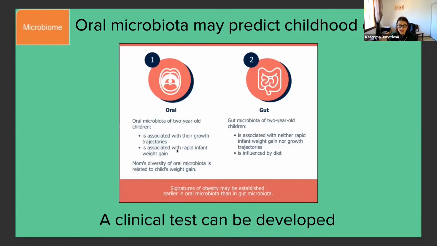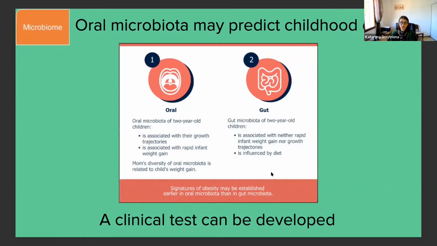And it is associated with rapid infant weight gain. On the other hand, the gut microbiome of 2-year-old children is not associated with rapid infant weight gain. It's not associated with growth trajectories, but it is influenced by diet.